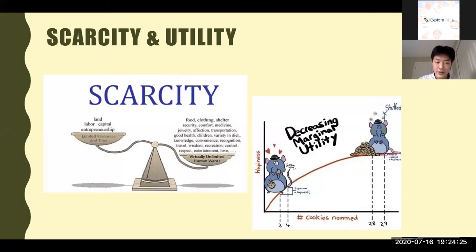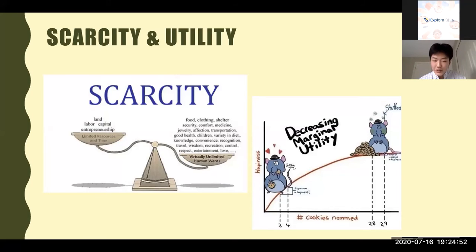That's obvious. And capital is also limited because humans' production capability is at a certain limit. So, which means when you call all of the human beings on Earth to produce something, they cannot produce something infinitely large or significant because they have only a certain amount of energy left.